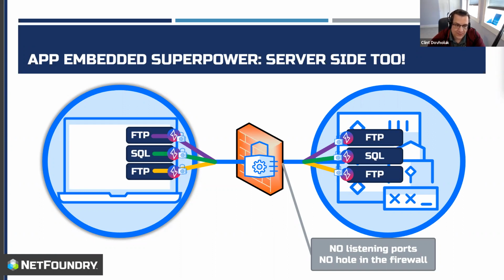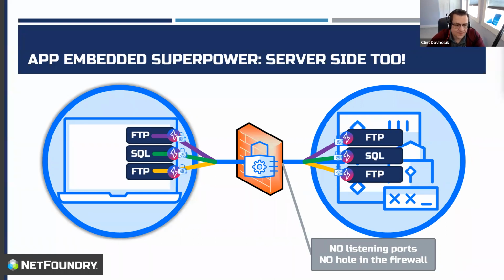And that's incredibly powerful because now you don't have complex firewalls to keep up to date. You don't have to wait as a developer while the network guy goes and provisions some kind of MPLS link or fast connect or VPN. Ooh, that word. So yeah, we have no listening ports.